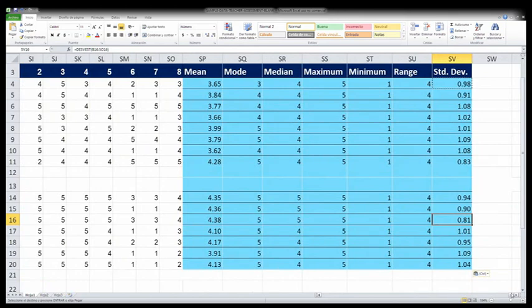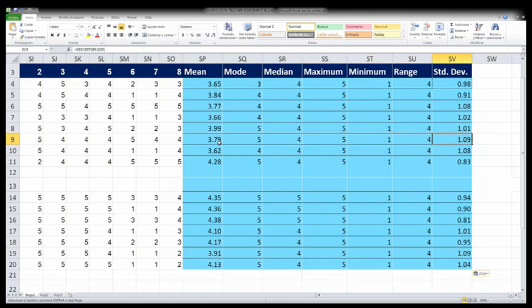But in some other cases, we're going to have a great deal of variability. For example, if we look at, let's see, I think the highest one will be this one. And there's another one that is similar. So 1.09, there's 1 point of difference. And if you see, the mean is lower, right? The mode is 5, but the median is 4. Maximum and minimum again.